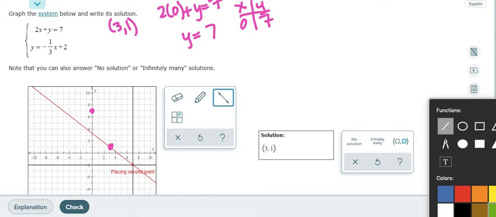Let me pick the pink. And again, mine I'm doing by hands on this tablet thing, so it's not going to be as accurate. Alex is more accurate. So that's my first line, and then I need one more point for this equation.